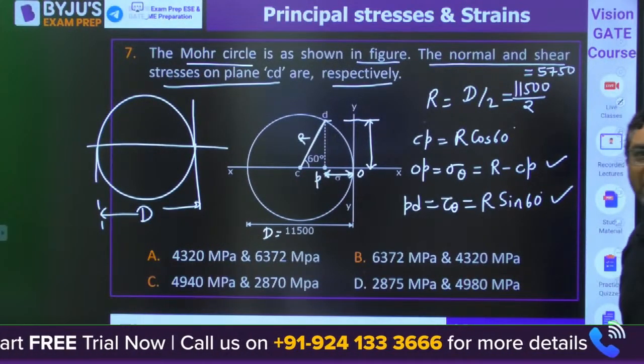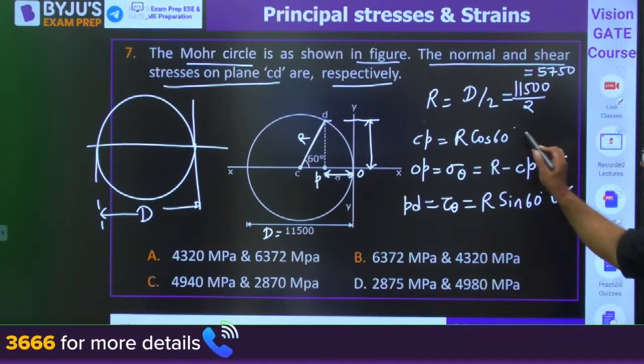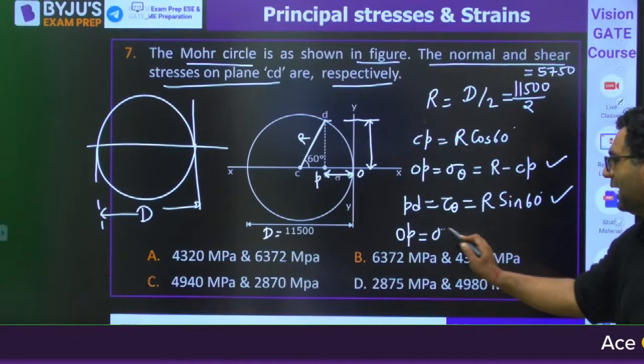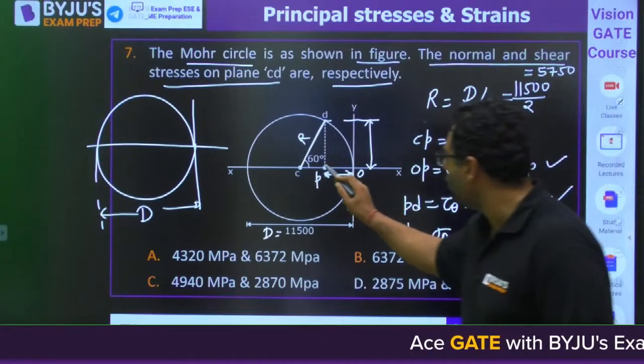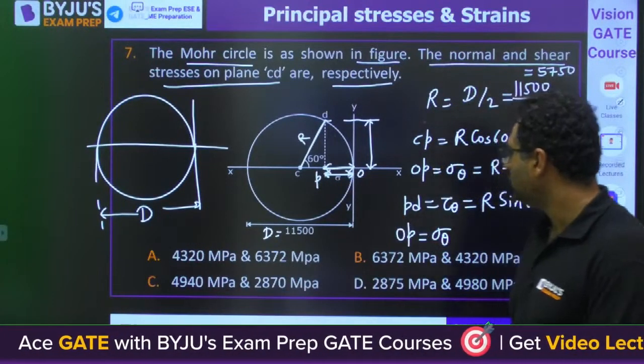Okay, 5750 is the radius. So you will get OP. Every distance is measured from the origin. You need to see what this is.